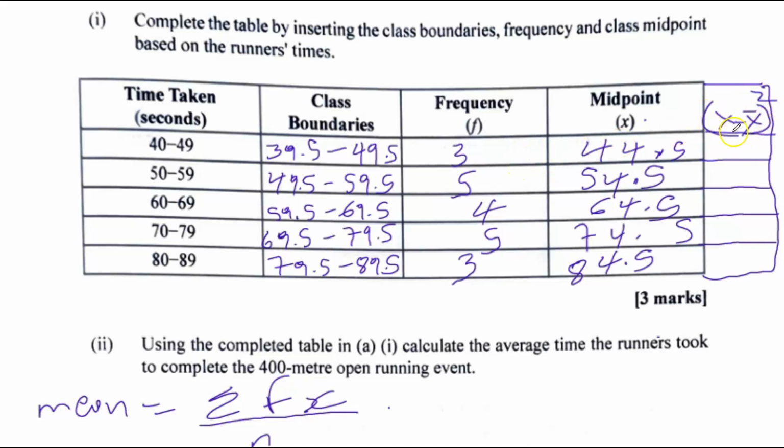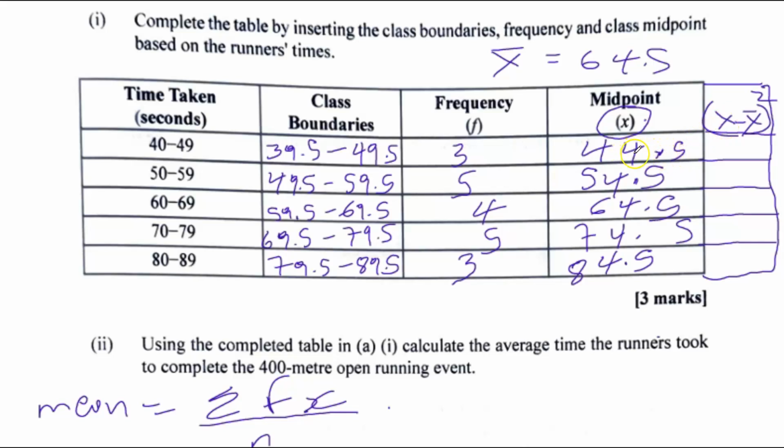Alright, and how do we find x minus x bar? X here are the x values. X bar is the mean, which was 64.5 seconds. So we're going to subtract 64.5 from each x value and square the result.